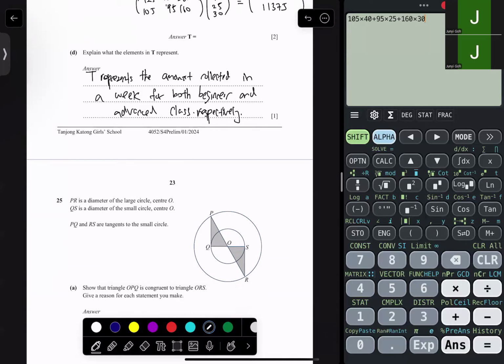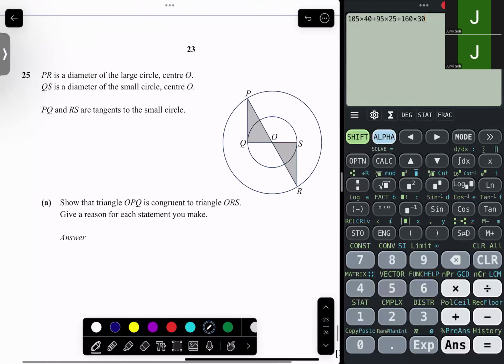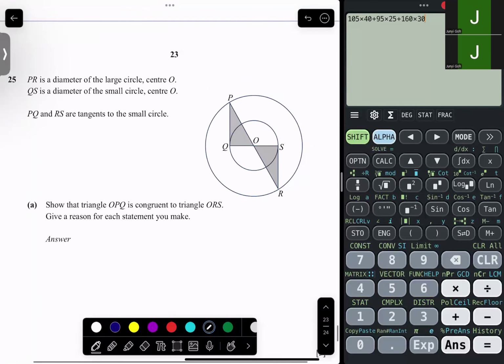Okay, 25. PR is a diameter of the circle center O. When I read this information, what comes to my mind? These two are radius. QS is a diameter of the small circle. Same thing, radius, radius. PQ and RS are tangent to the small circle.